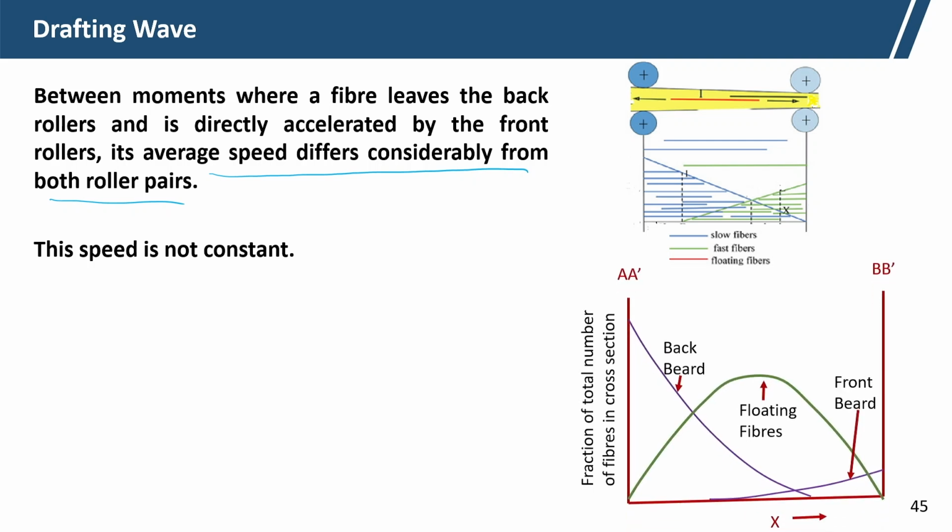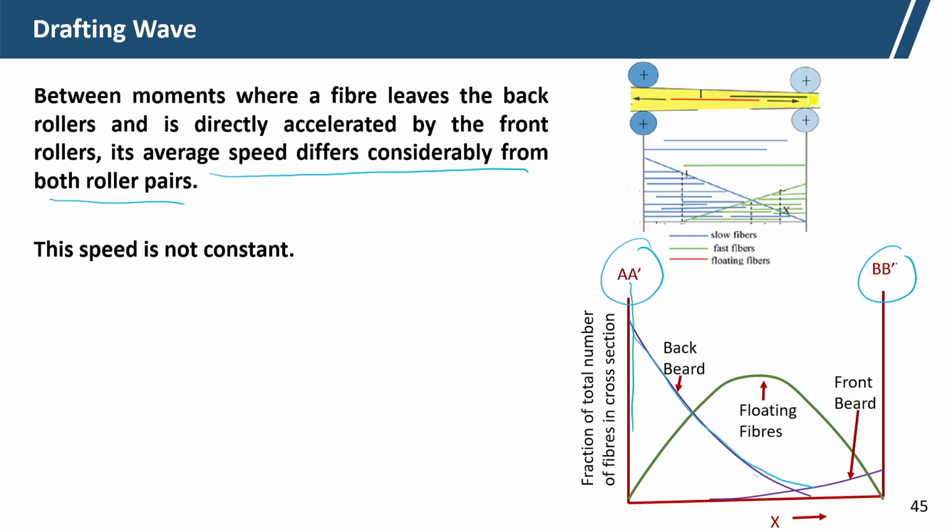Now, if we see here, it is the fraction of total number of fibers in the cross section on the y axis, and here is the distance x from the back roller to the front roller. If you see the back beard, the number of fibers is maximum at the back beard and it is gradually reducing.